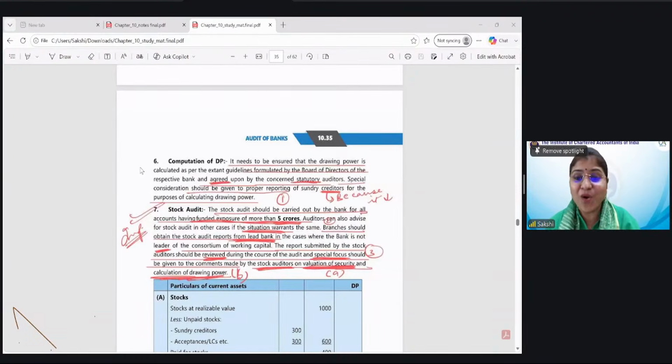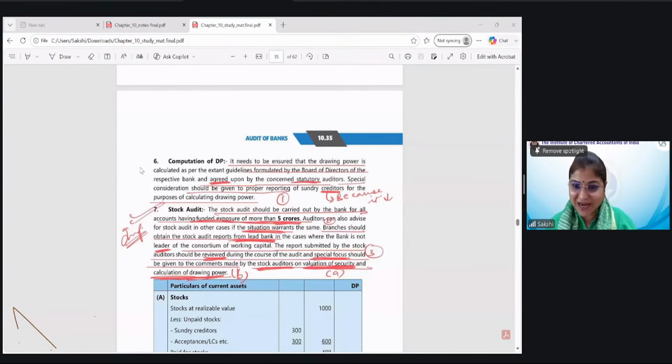So here the stock audit, when we say when is a stock audit done, it is carried out by the bank for all the accounts where funded exposure, you remember funded exposure, where actual transfer of funds has taken place, is more than 5 CR. So if the loan sanctioned is more than 5 CR, okay, then you have to get the stock audit done. So the bank will also ask for the stock audit.